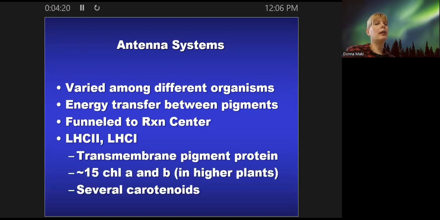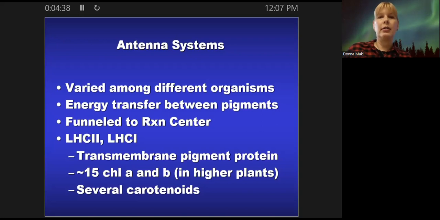So these light harvesting complexes are the ones that they see beefed up in the shade tolerant plants. They give them special names because they find that in the shade tolerant plants, they're a little bit more intricate and just more of the antenna pigments.